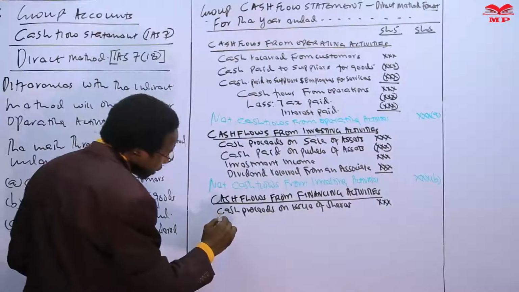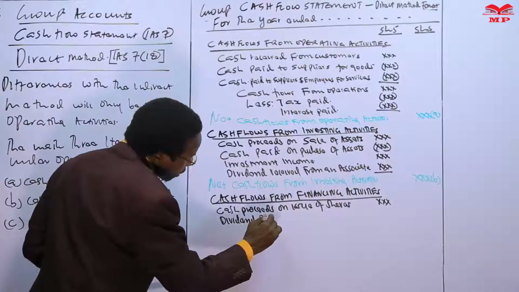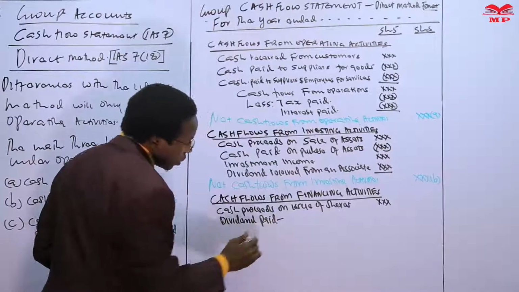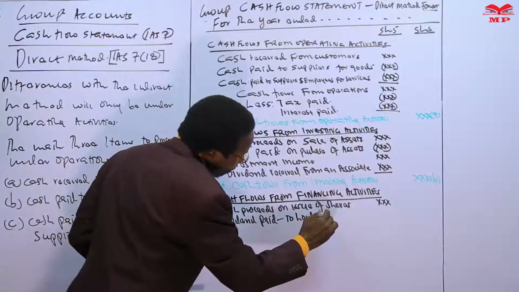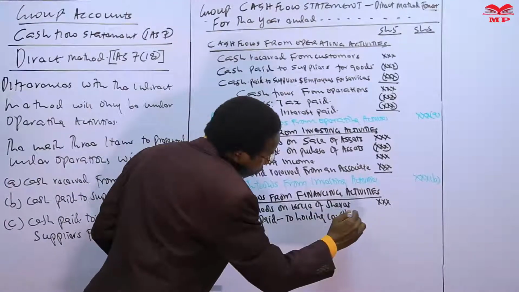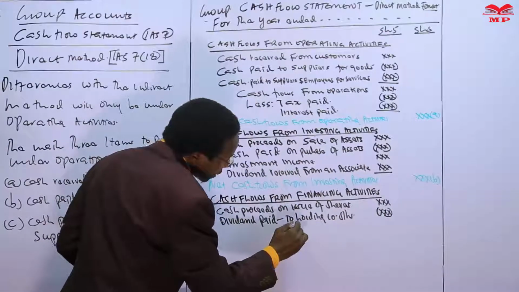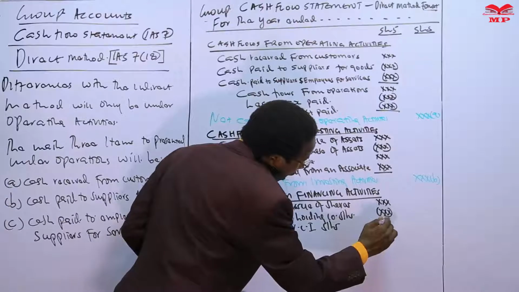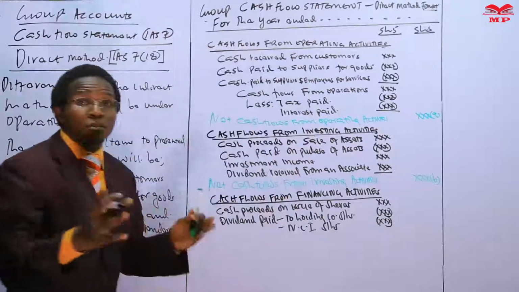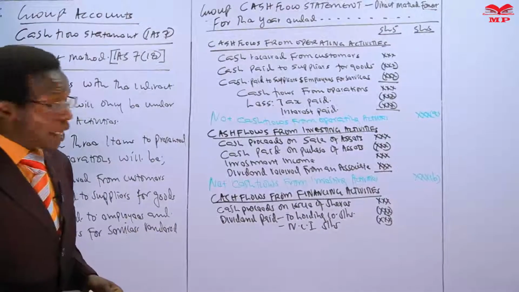Then we have the dividend paid. Remember, dividend paid here, there are two: paid to holding company shareholders, then paid to NCI shareholders. Just the same way we did under indirect method.